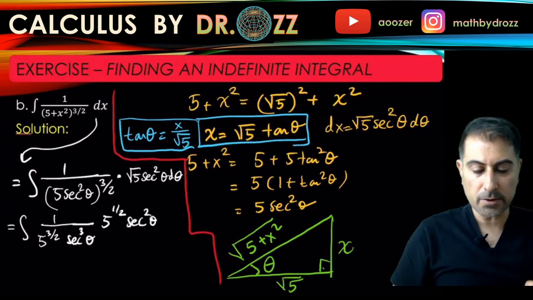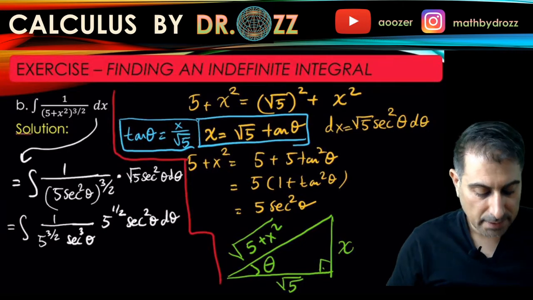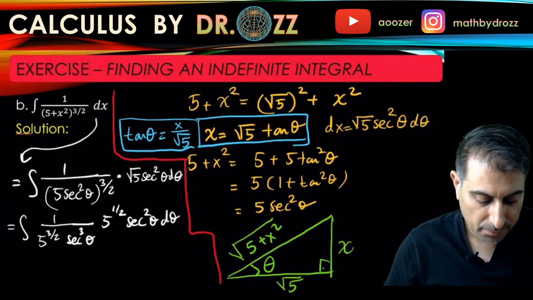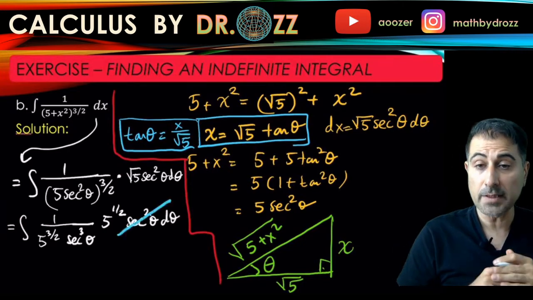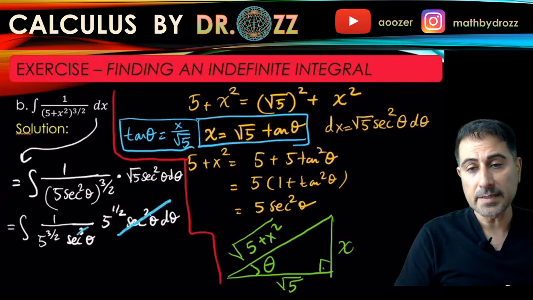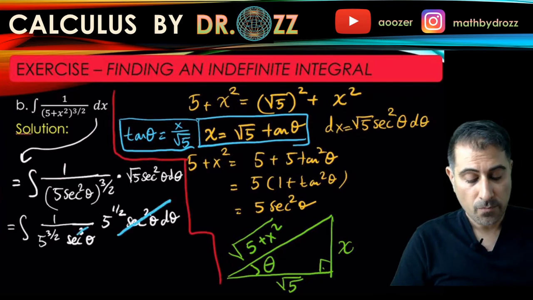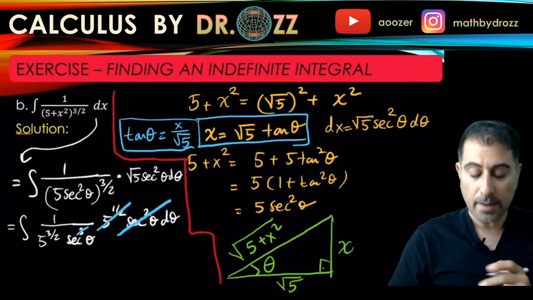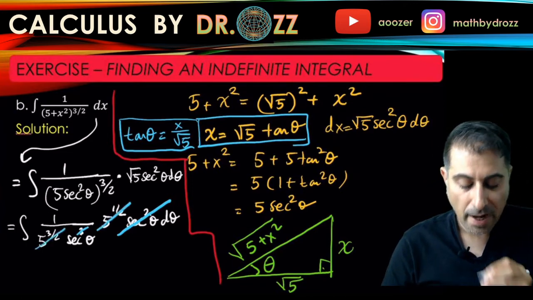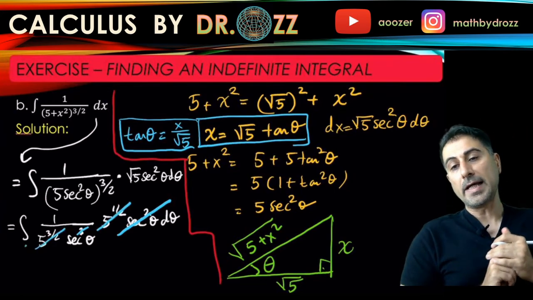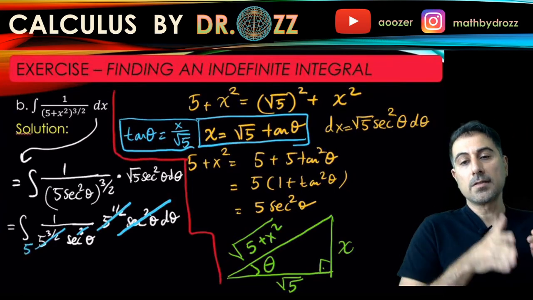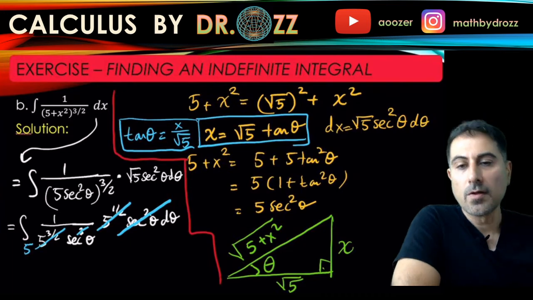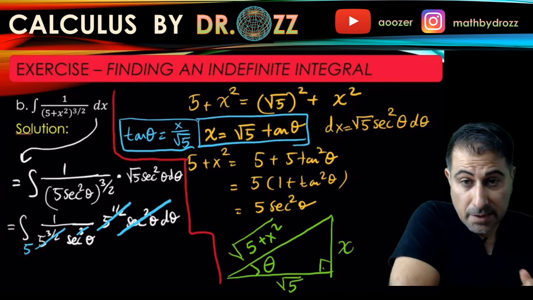There are a lot of cancellations here. First, secant squared theta cancels against the secant cubed, leaving only the first power, so only a secant theta. 5 to the 1 half cancels part of the 5 to the 3 halves, because 5 to the 3 halves is 5 to the 1 times 5 to the 1 half, so we're left with only 5 to the 1.